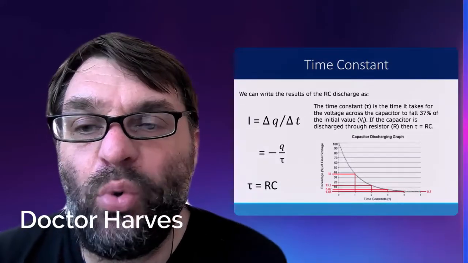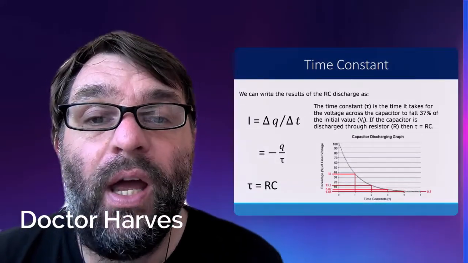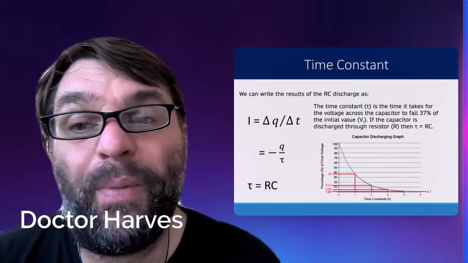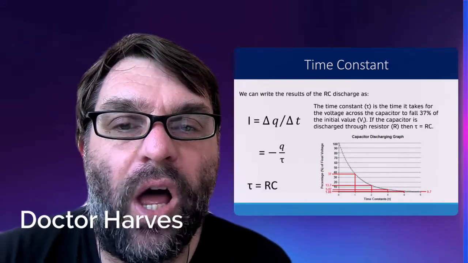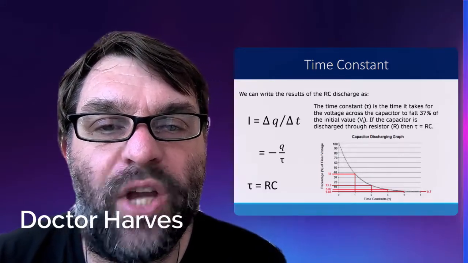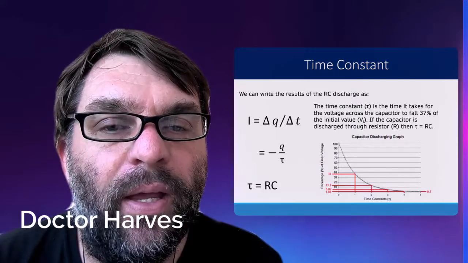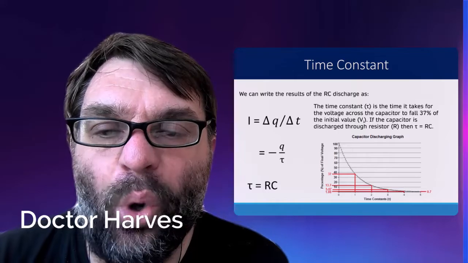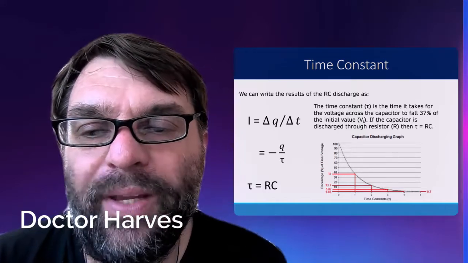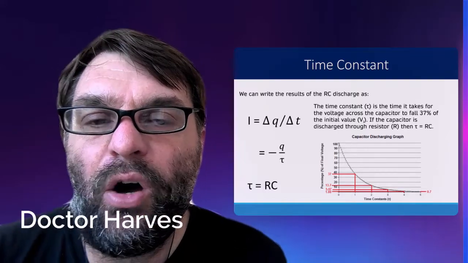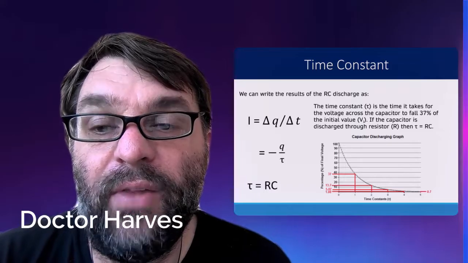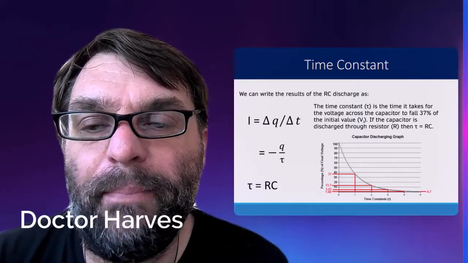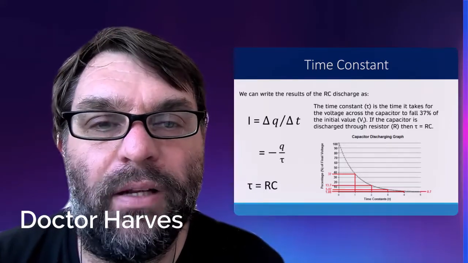And this is also related to something called a time constant. We can write the results from that discharge in the previous slide as current equals change in charge over change in time, which is negative Q over tau. Now, tau is the time constant, and that will be equal to the resistance in the circuit times the capacitance in the circuit, the capacitor value.